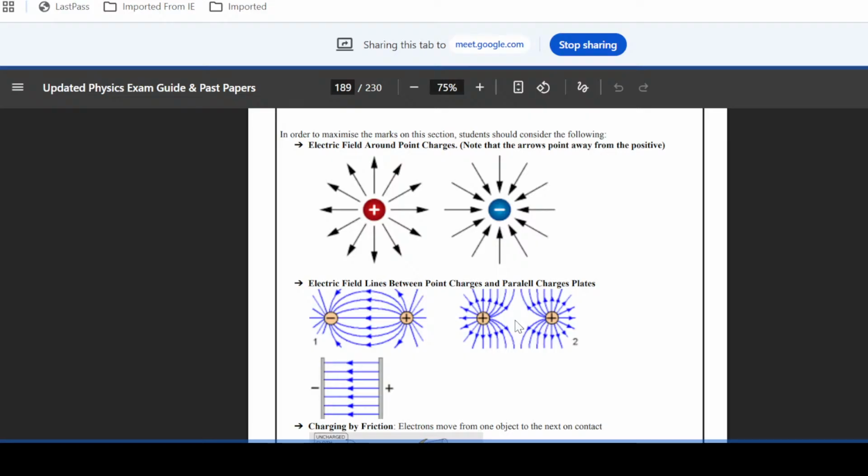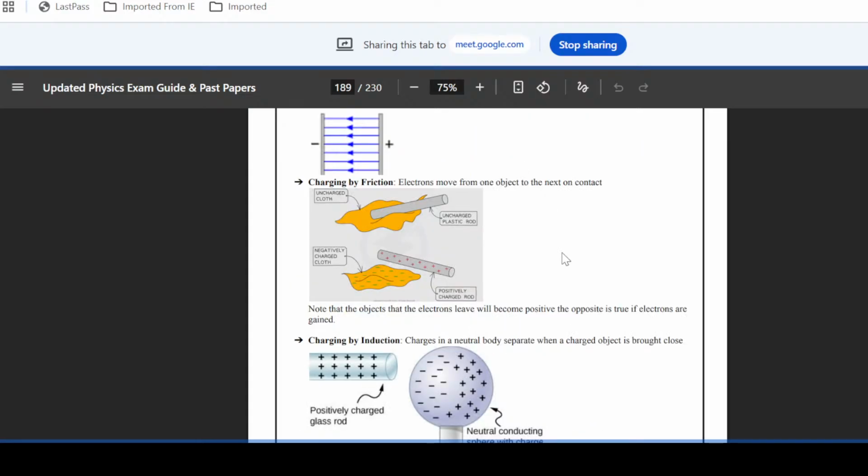Alright, another concept in electrostatics is charging an object. You can charge an object by friction, so that's direct contact, and we can charge by induction. You should be able to explain this image where you have a plastic rod.